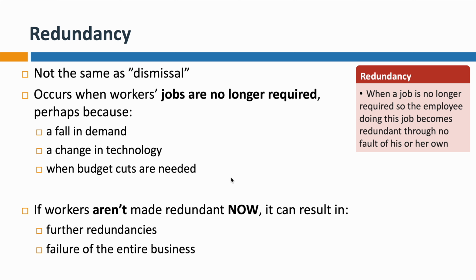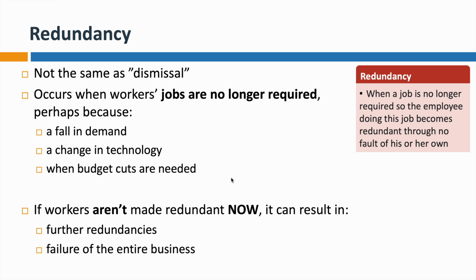But redundancy happens very often during some kind of recession, when a particular business is fighting for survival. They are letting people go. They're making them redundant, and it's not happening because the workers are somehow bad at their job. It's happening because these jobs are no longer required, and keeping these people in their posts could make that particular business bankrupt.